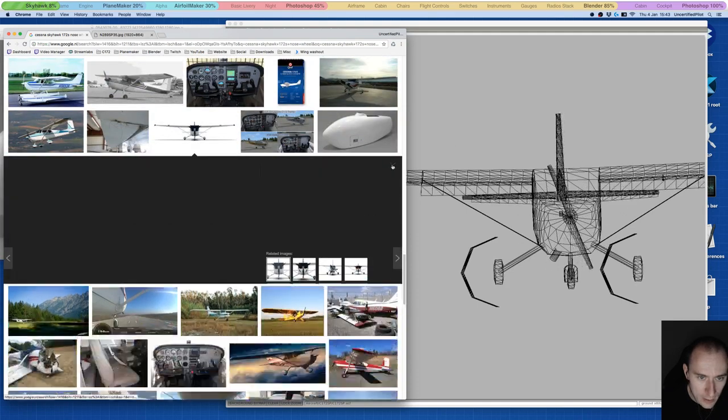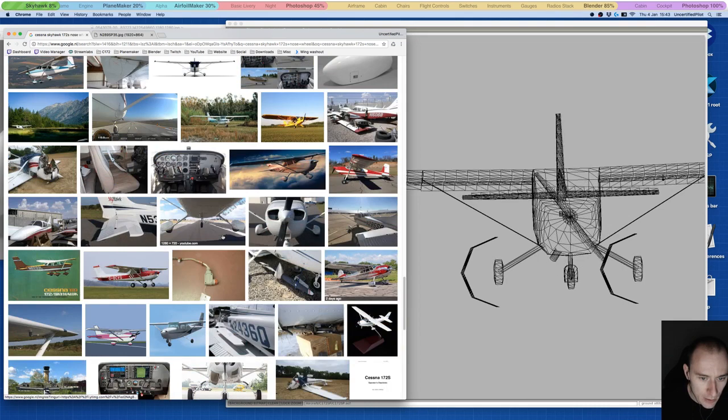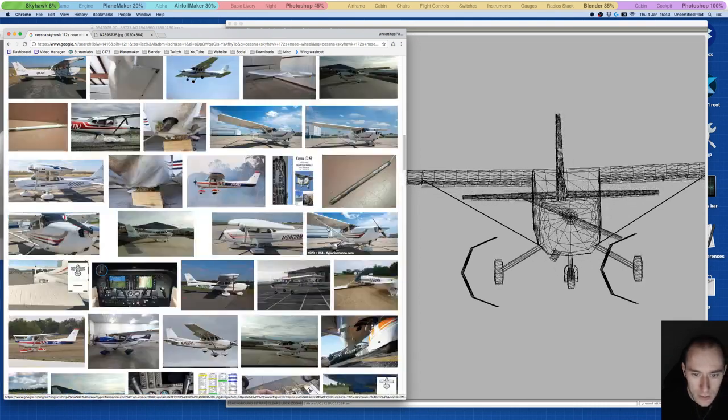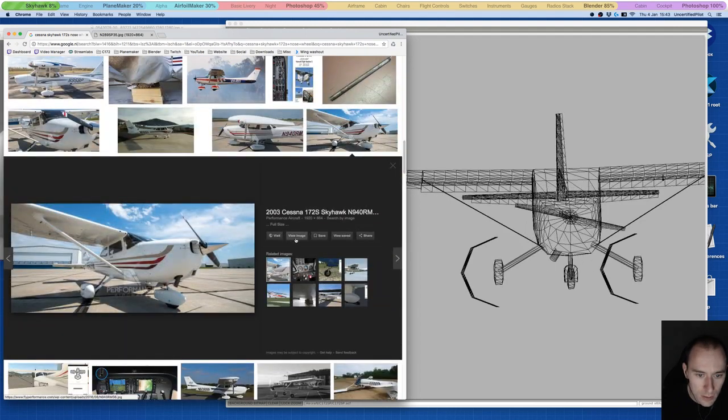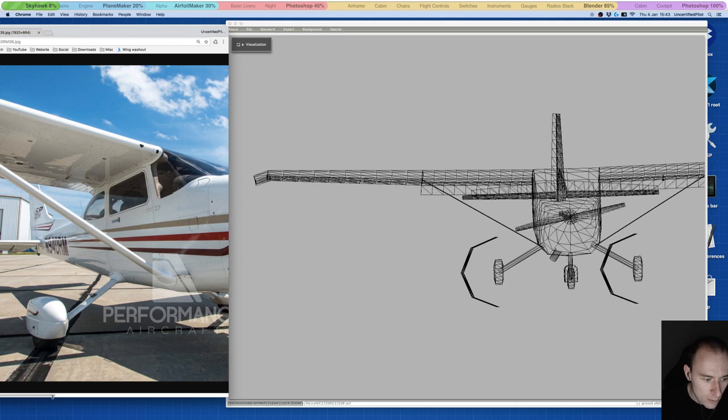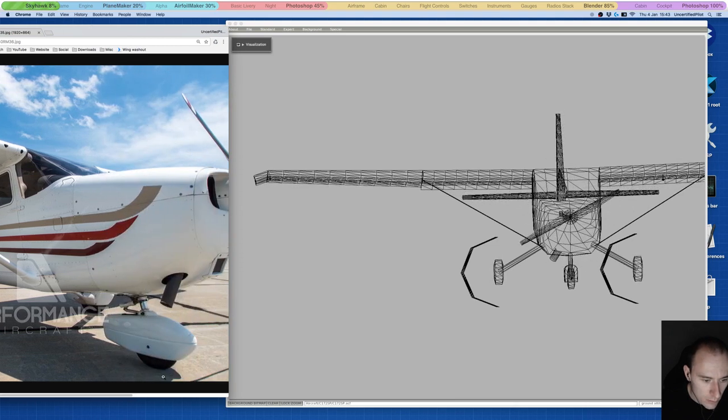Oh, 182, that's not the airplane that we're making. Okay, so let's use this one then. View image. That's actually quite good. Okay.